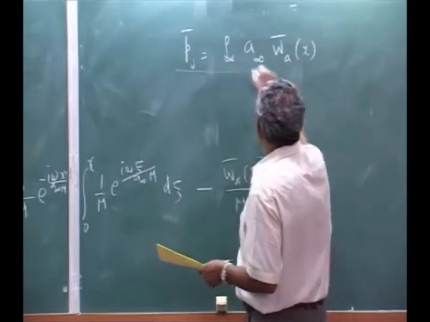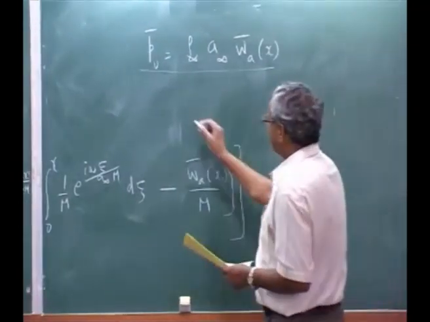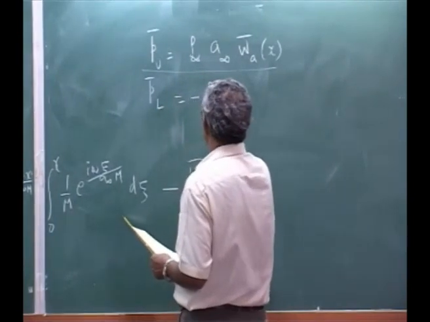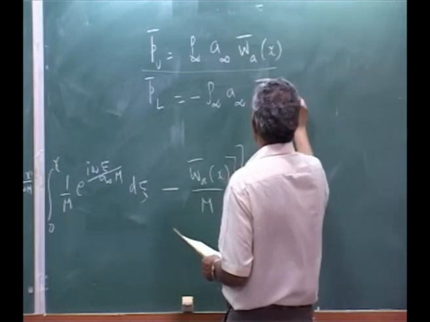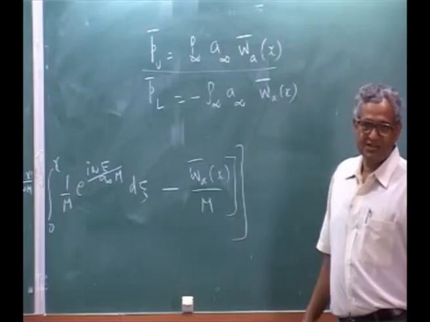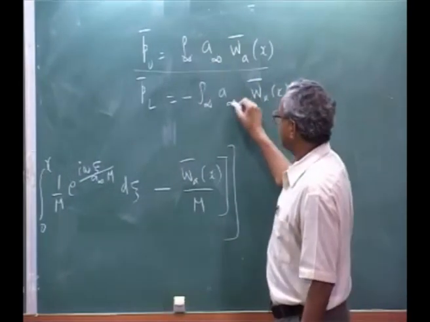So this is your expression for the pressure on the upper surface. Similarly, for the lower surface, P bar L, you will get minus rho infinity a infinity w bar a x. So you see, high frequency, low frequency, the only difference is the term corresponding to this.